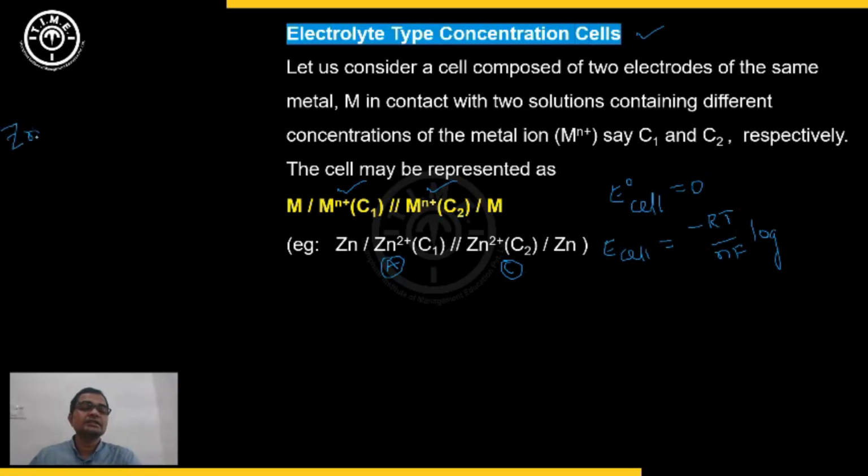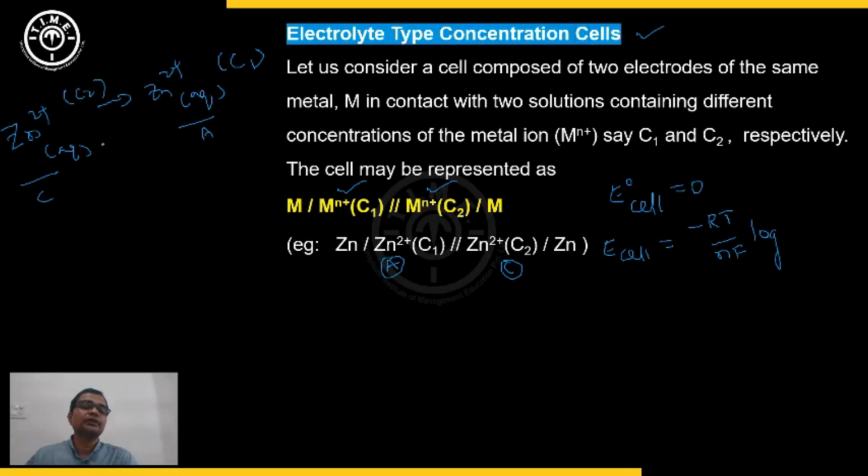The cell reaction is Zn2 plus ion aqueous to Zn2 plus ion aqueous only you will get. Now this Zn2 plus ion belongs to the anode, and this Zn2 plus ion belongs to the cathode. For the anode here the concentration is C1. Here the concentration is C2.